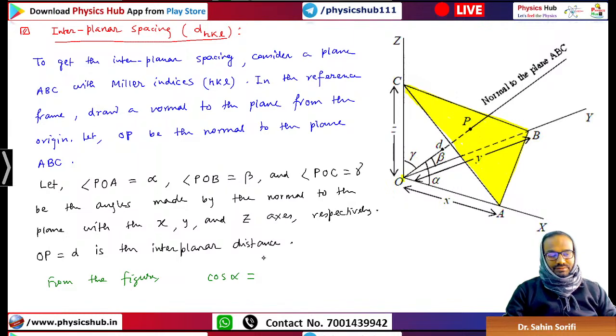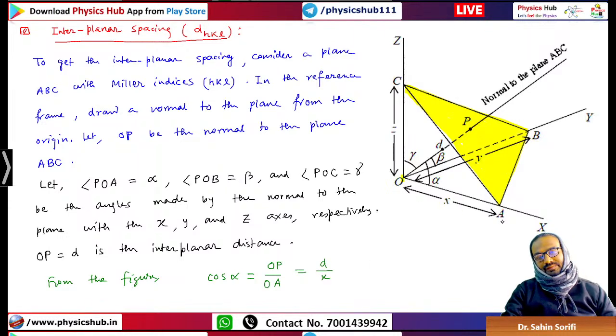Cos alpha is equal to OP by OA, right? OP by OA. Base by hypotenuse. So OP is D, OA is X.